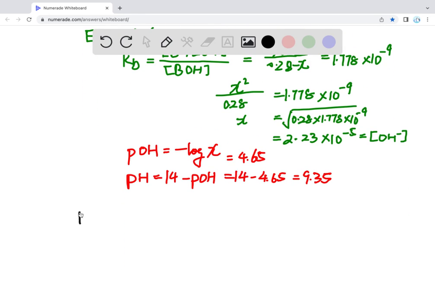So the second one, it says you know a pKa of the reaction is 4.2, for the benzoic acid, right? Now you have the benzoic acid.